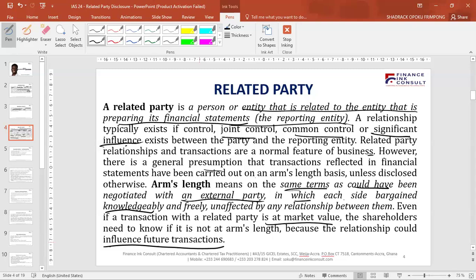If the person buys without knowing that a particular function, let's say the marketing function, is being run by a related party, and that is why the company is known globally, the person will expect to enjoy that benefit. So that is why you have to do what? Let any shareholder or stakeholder be aware that we have a related party.